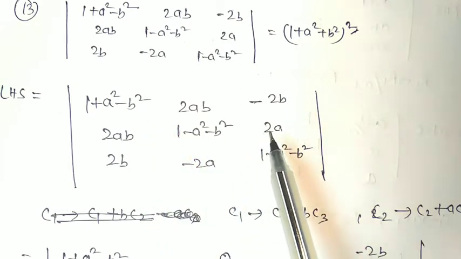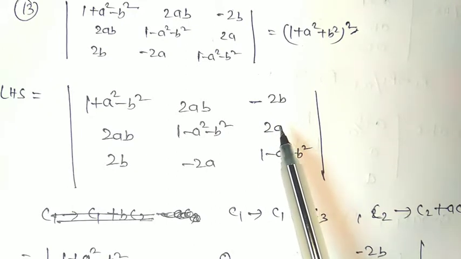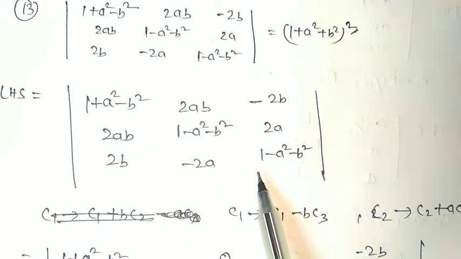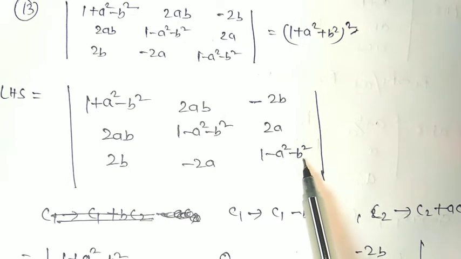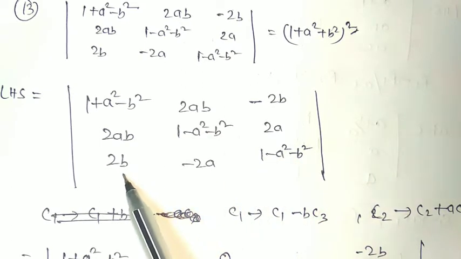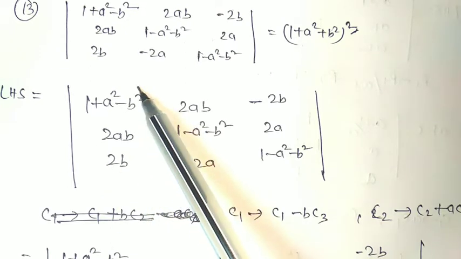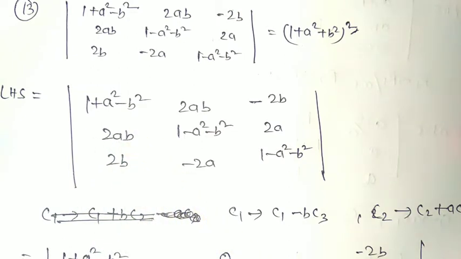Minus b into 2a is minus 2ab, and when added to 2ab it is 0. Again, minus b plus a square b plus b cube. When added to 2b, it will be b plus a square b plus b cube. Now we can take 1 plus a square plus b square common from the first column.